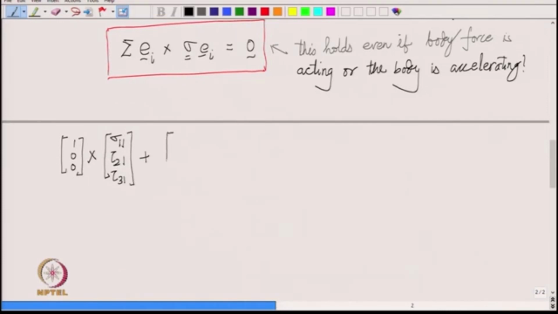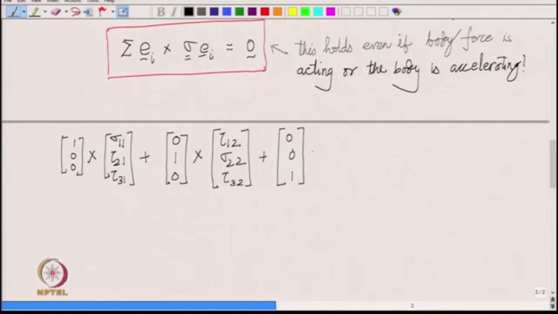Plus the second term E 2 cross sigma E 2, and then the last term E 3 cross sigma E 3, which is the third column of sigma, and that is tau 1 3, tau 2 3 and sigma 3 3, and this is equal to 0.